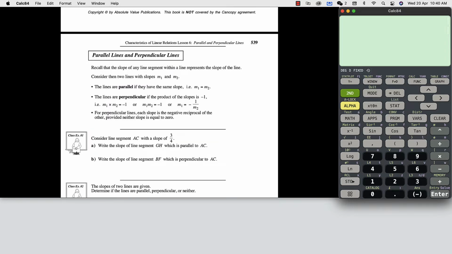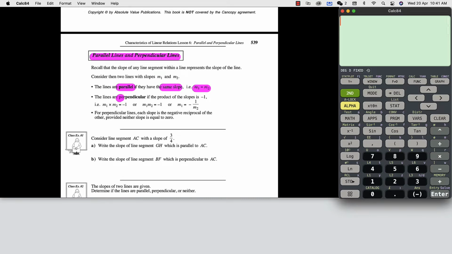Okay, so if we just look at this review right here on parallel and perpendicular lines, it says if two lines or more than two lines are parallel, they will have the same slope. So for example, M1 will equal M2.